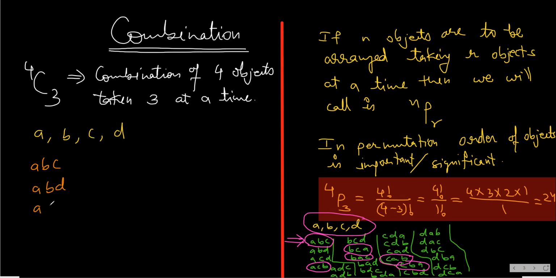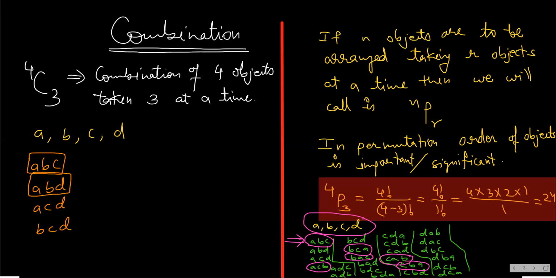Now I take ACD. Then I will take BCD. And that is all. See, there are only 4 ways possible. Students, just check. I cannot say ABC and ABD again.